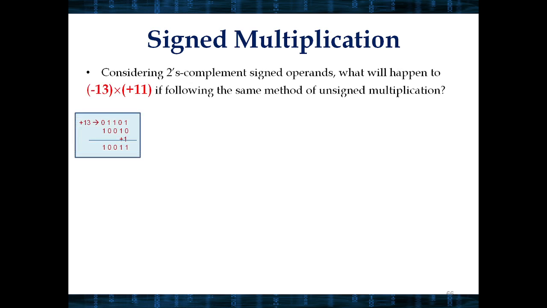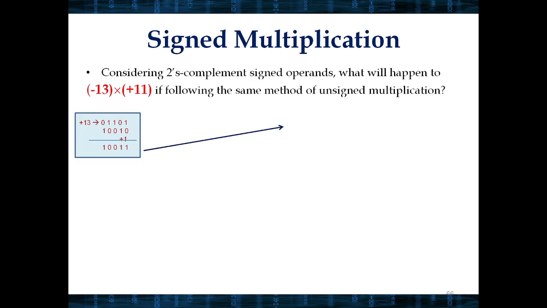So considering 2's complement signed operands, what will happen to -13 times +11 if following the same method of unsigned multiplication? So if we follow the same procedure of unsigned multiplication here in signed multiplication, what will happen? The given multiplicand is -13.